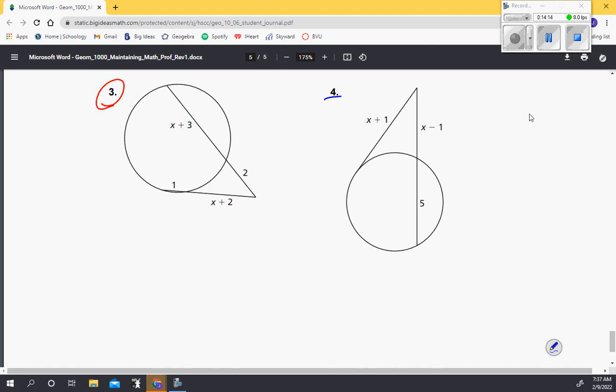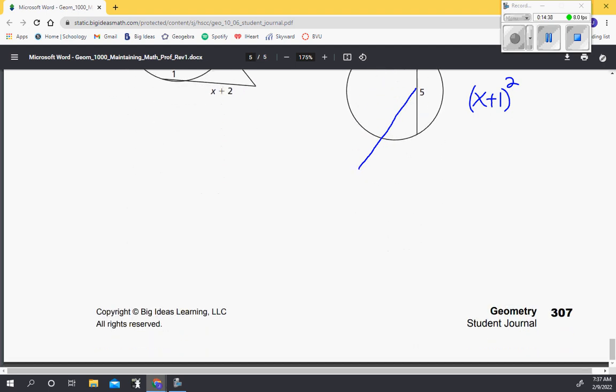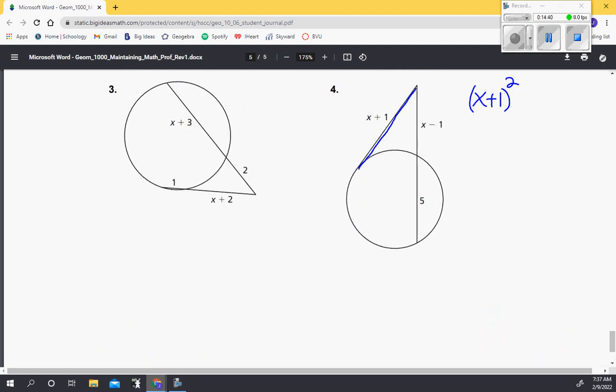This is our tangent segment, x plus 1. And remember, when we have a tangent, we have to square it. So on the right side, or with x plus 1, we're going to x plus 1 squared. Actually, I need to bring this down.